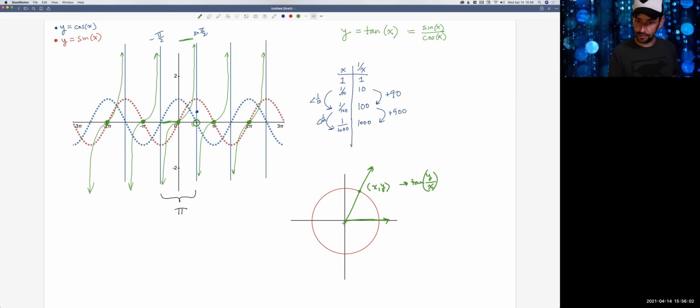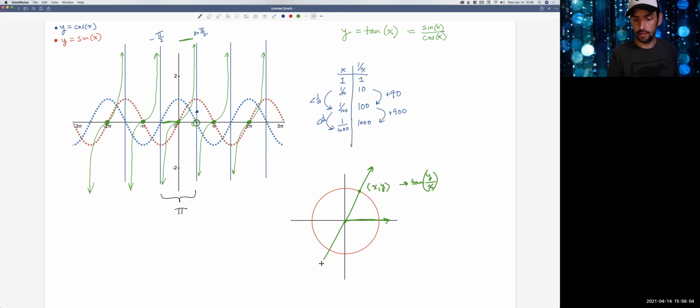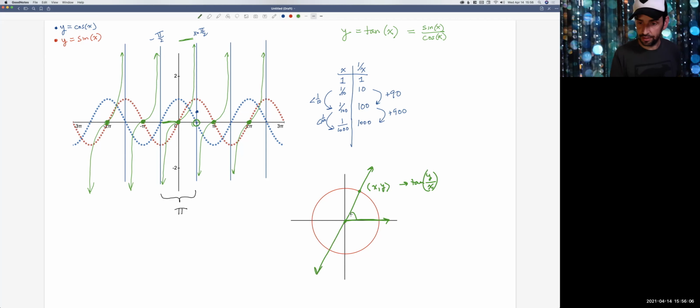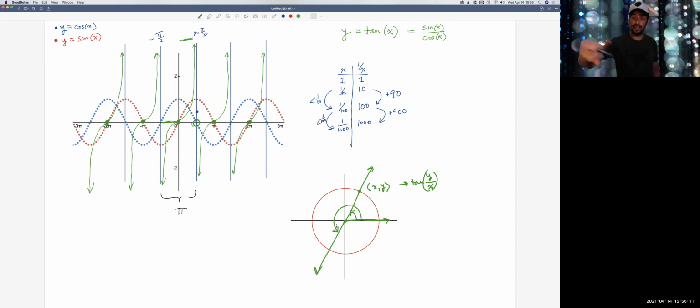Well, what happens if instead of this angle, we add an extra pi? Remember, pi is an extra half turn.